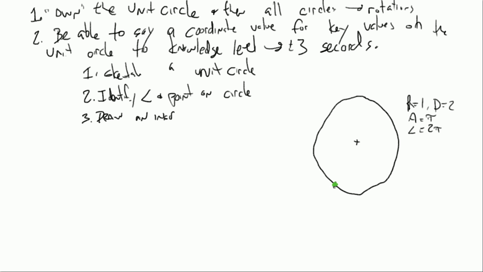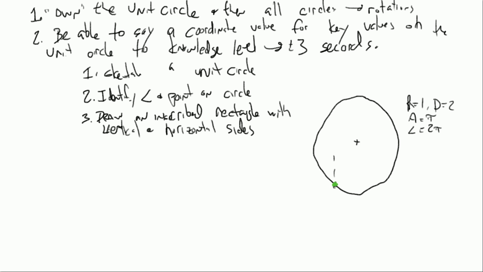I'm going to tell you there are a number of inscribed rectangles, but we're going to do it with vertical and horizontal sides. See if I go back to green here. Going to draw that up.